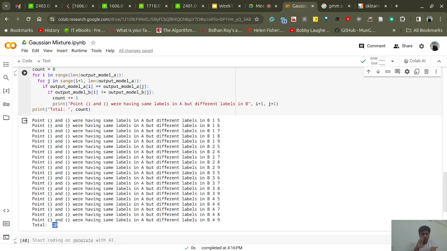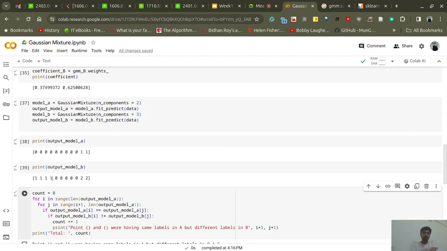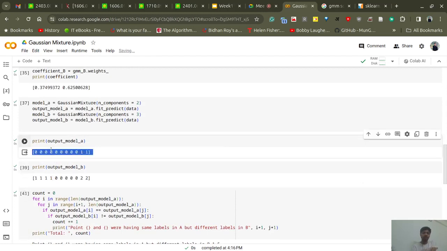Okay, so if we consider the reverse, like how many of them are same in this one but were different earlier? So can you, from these levels, can you tell how many of them such are there, like similar in this but different in here?